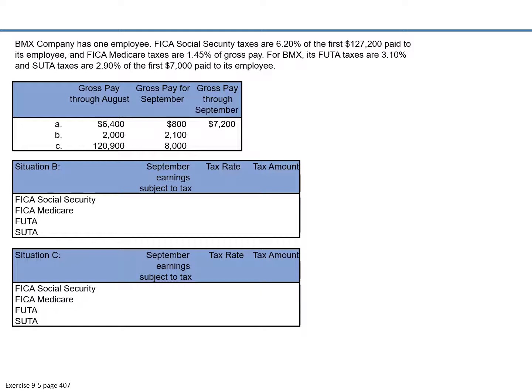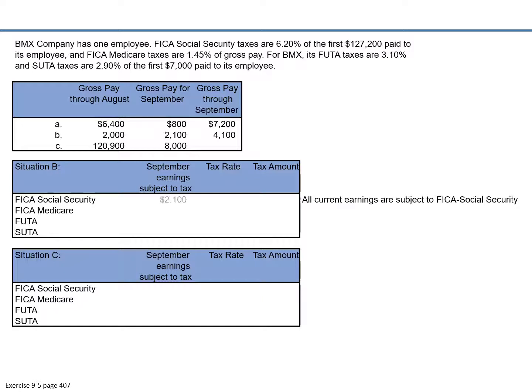And in situation B, gross pay for September is $2,100. Year to date through August is $2,000. So all earnings are subject to FICA Social Security because they tell us that it's 6.2% of the first 127,200 paid to its employee. So we're nowhere near that, right?